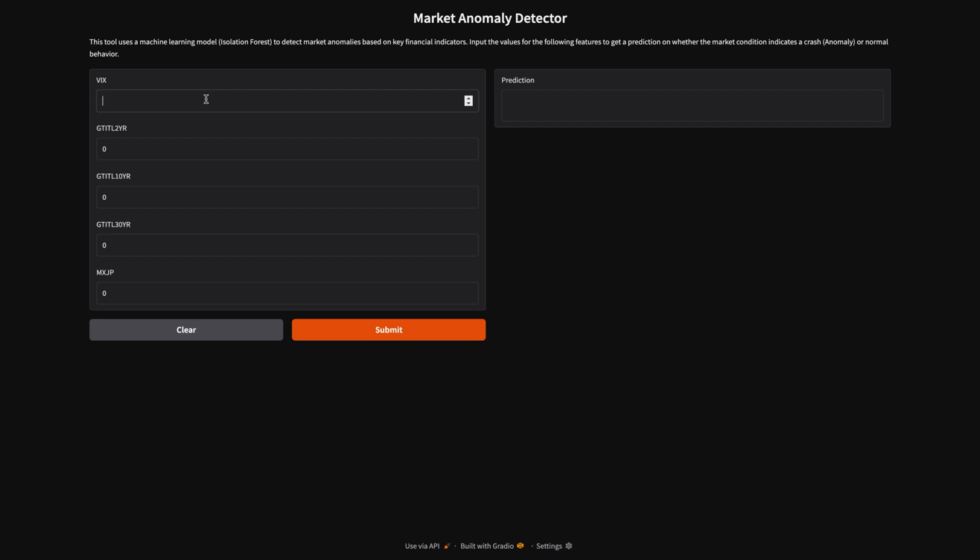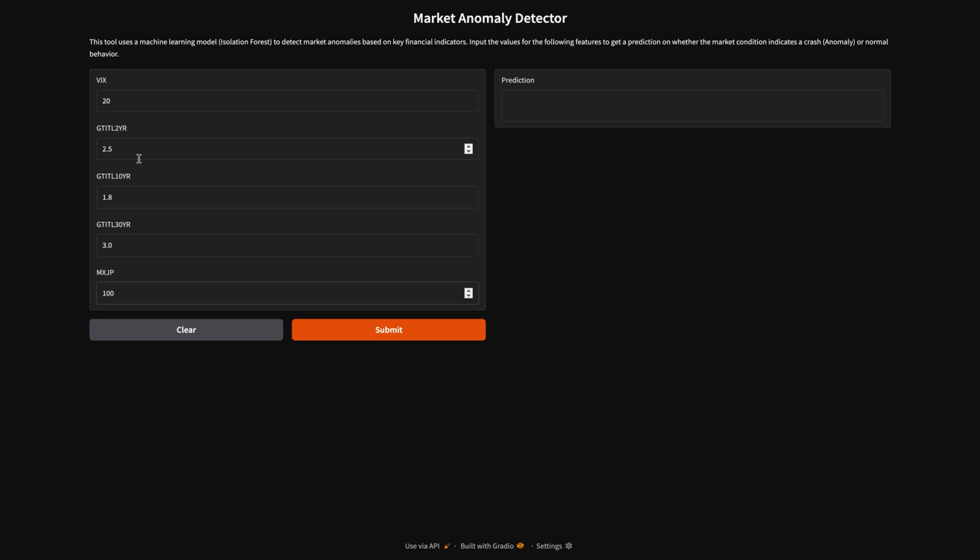So this is the Gradio user interface. I'm going to check for these values. And we should obtain a normal prediction, so no crash, because there's moderate volatility, which is typical of a stable market for VIX.